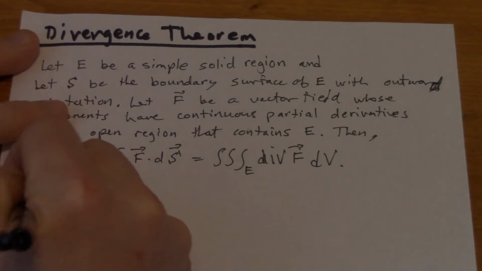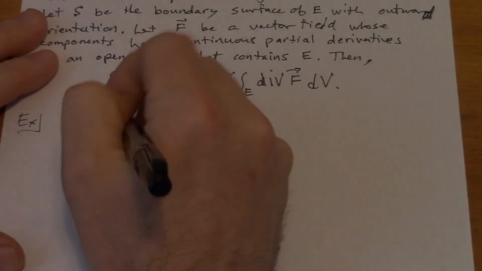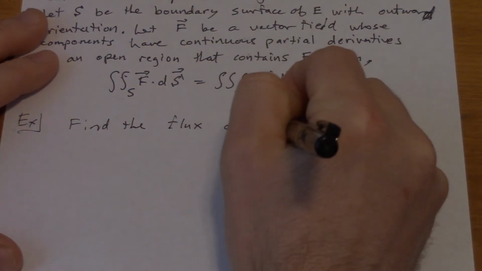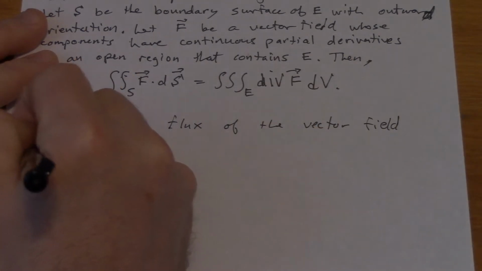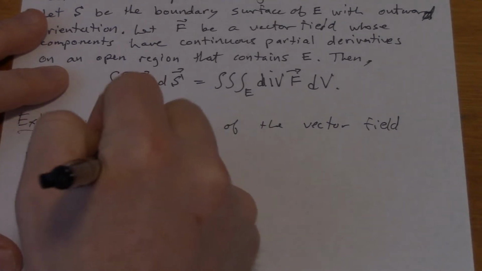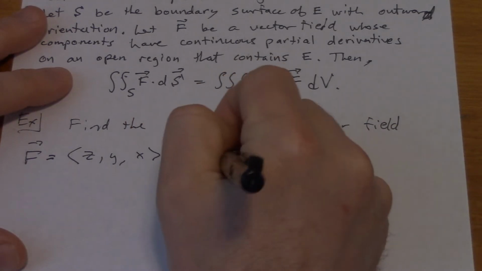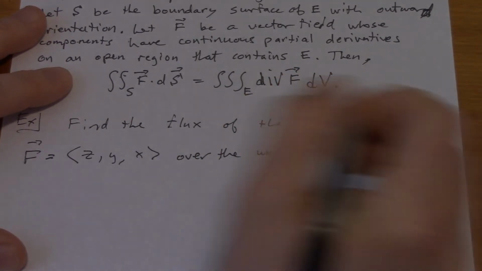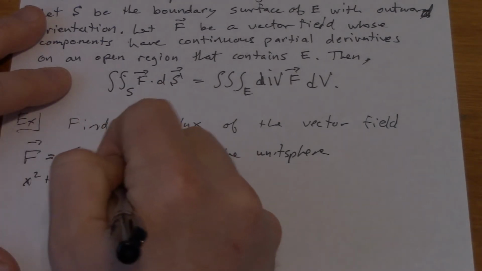So here's our first example. We're going to find the flux of the vector field F, which is, let's say, Z, Y, X, over the unit sphere x squared plus y squared plus z squared equals 1.